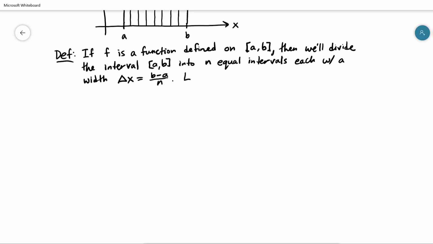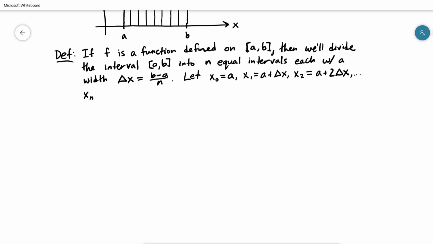What we're going to do is label the endpoints of all of those little rectangles as follows. We're going to let x0 be the starting point, the left end of our first interval, so it's going to start at a, and then x1 be the next point, so it's a plus 1 delta x in, and then x2 will be a plus 2 more delta x's, so we're 2 points over, and so on and so forth all the way up to x sub n.